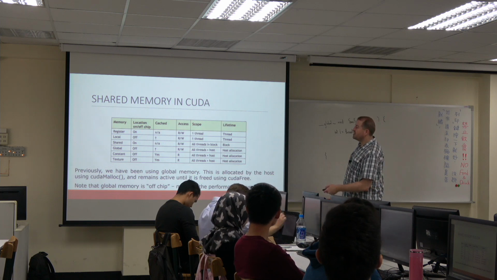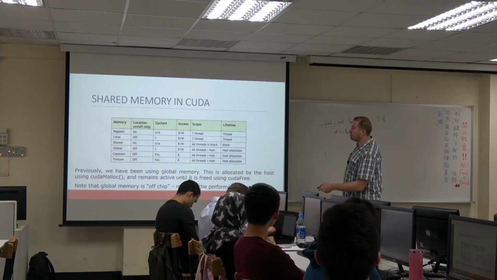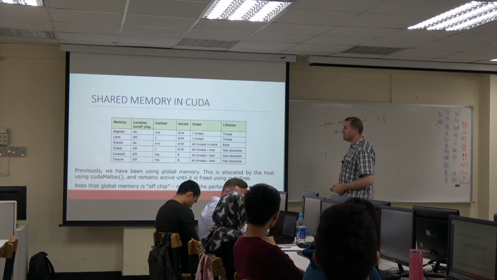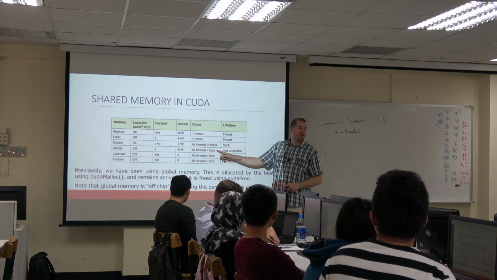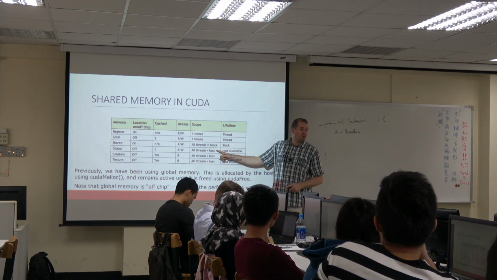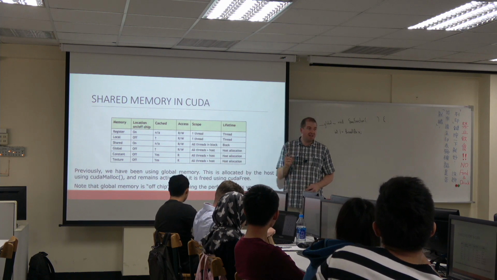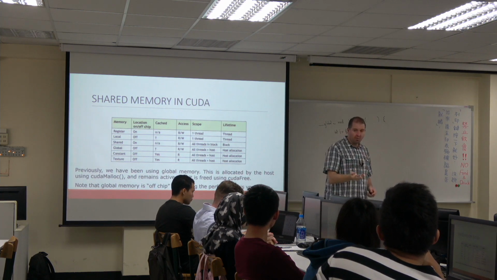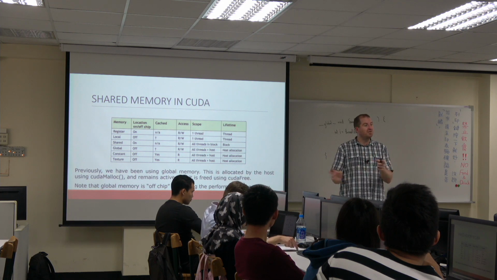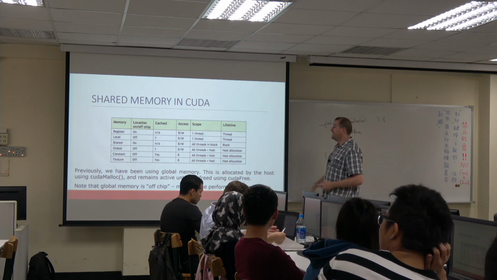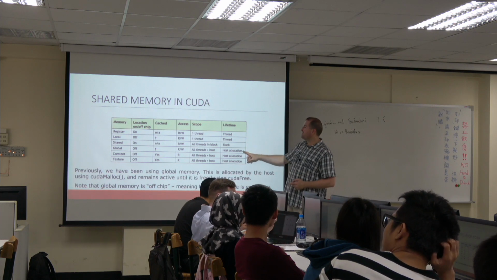Now, we've used global before as well. Global is off chip. It is read-write. Every thread can see global memory, and the host can see global memory. We can't allow the host to use global memory, but it must be able to access it because it does the memory copies to and from the device. Lifetime.